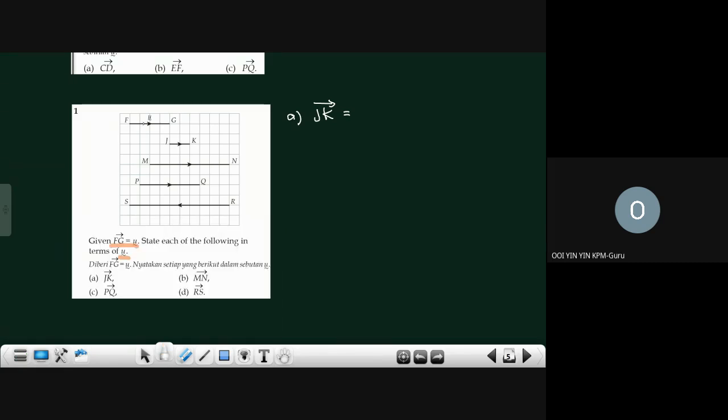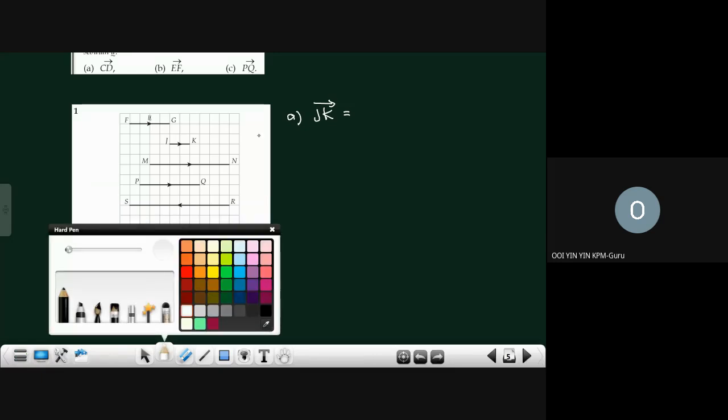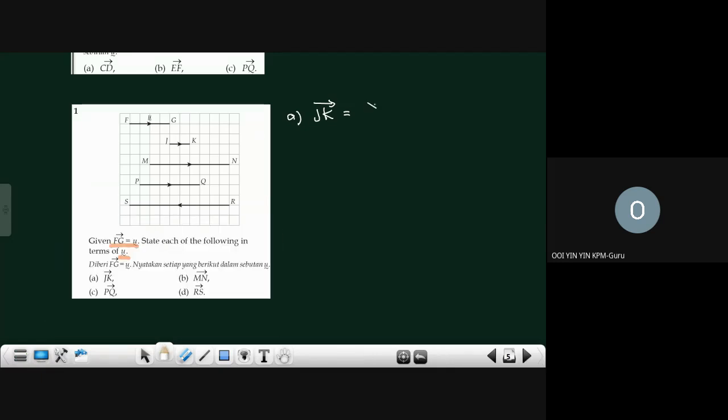If it's half of your original, then easy. You count how many units your JK is, so 2, divided by the original one.